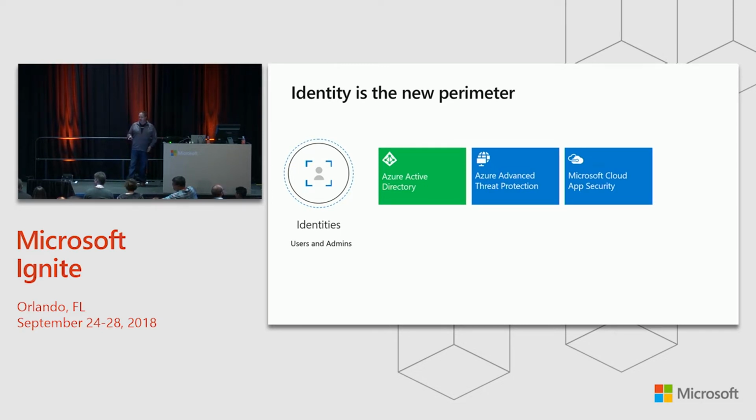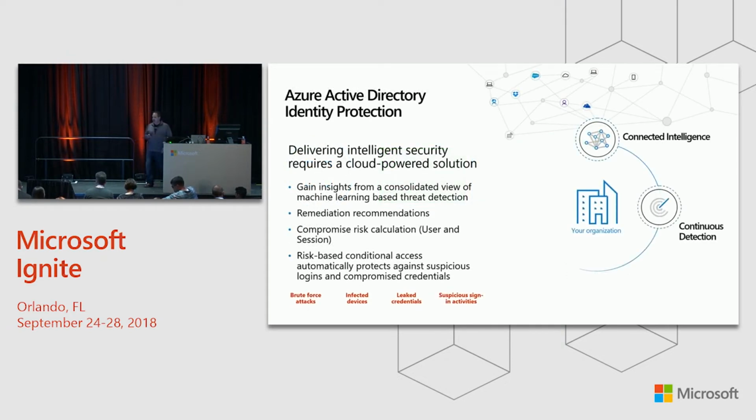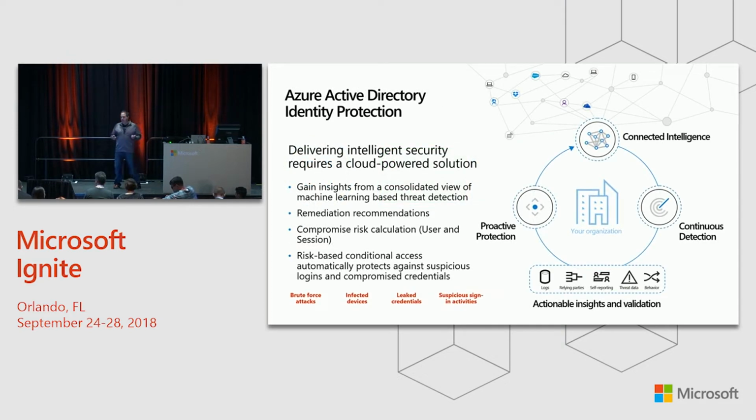So the first thing we're going to talk about is Azure Active Directory Identity Protection. Identity Protection uses cloud intelligence and machine learning. It gives you a consolidated view of threats that it detects in your identity systems. It recommends remediations that you can take, for instance, reset the user password or block the login.